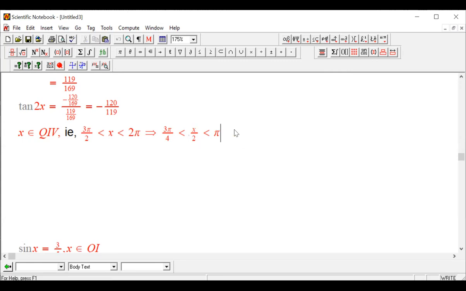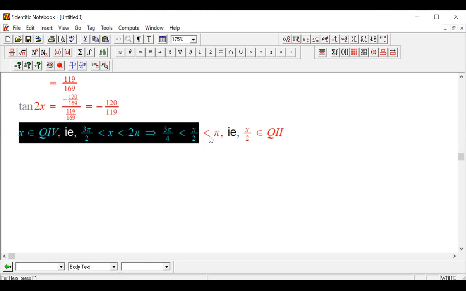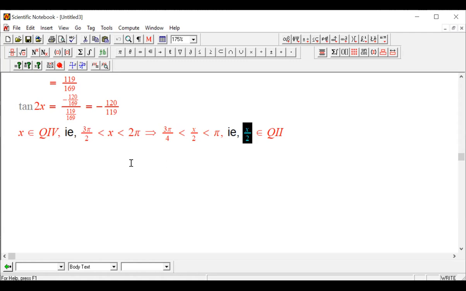Quadrant 2, isn't it? I.e., half angle is in quadrant 2. So all the work we did is to determine where the half angle is.